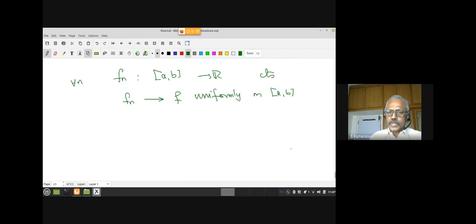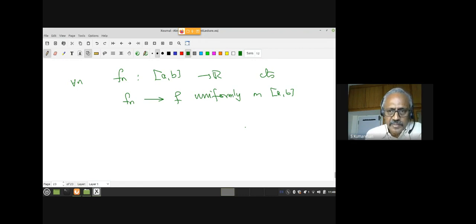Okay, so what is the meaning of Fn converges to F uniformly? This is a sequence of functions and this is also a function. But what you have learned is I know how to talk about convergence of a sequence of real numbers, right? So the standard trick in mathematics is whenever you have a new problem, you try to reduce it to a problem which you already know how to deal with, or whether you can make use of that result.